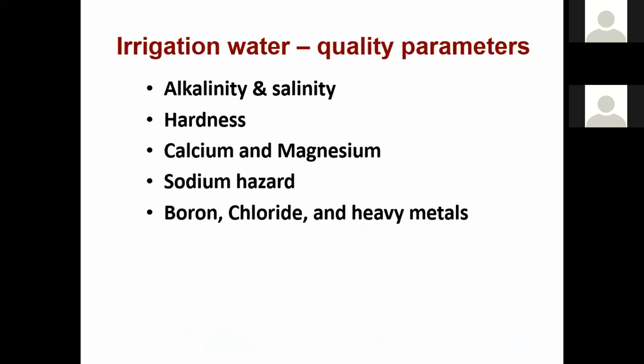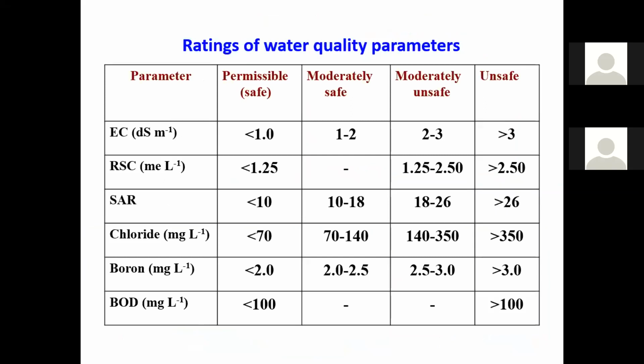Another important factor is your water quality, because these are the two important natural resources: one is your soil, another is water. If your water quality is not good, and it has alkalinity or salinity or hardness problems, then definitely it will affect not only your crop growth, but even your soil health.